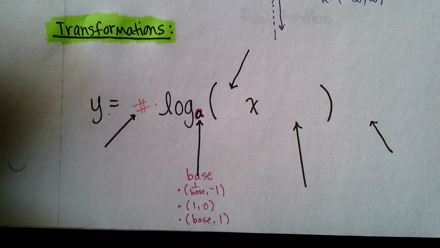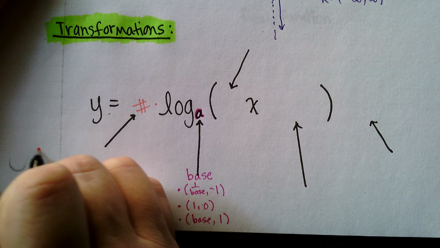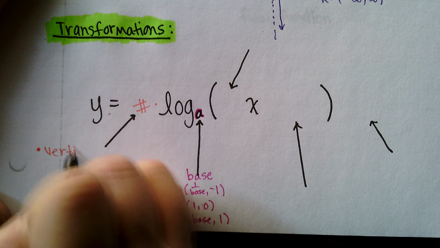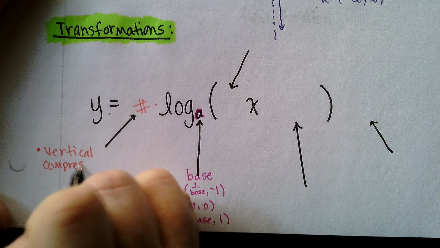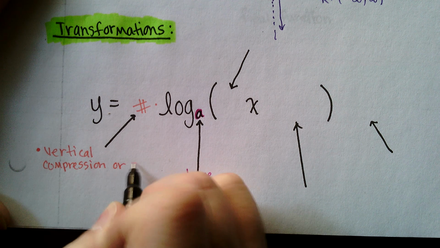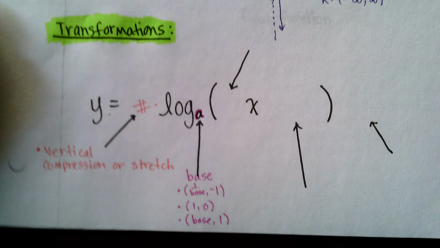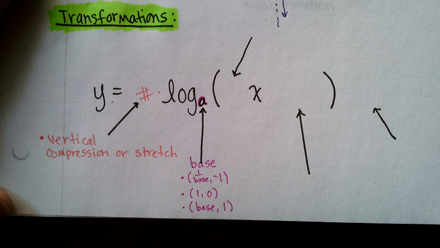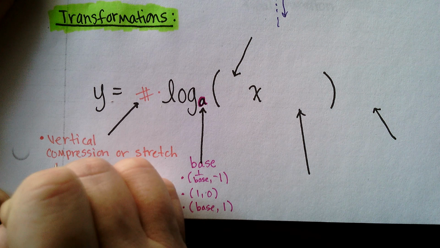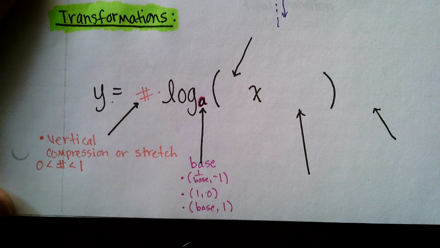You may have a number multiplied out in front of that log. If there is a number multiplied in front, then that could be a vertical compression or a vertical stretch. What kind it is will depend on whether that value is bigger than 1 or between 0 and 1. If that number is between 0 and 1, then you have a compression.